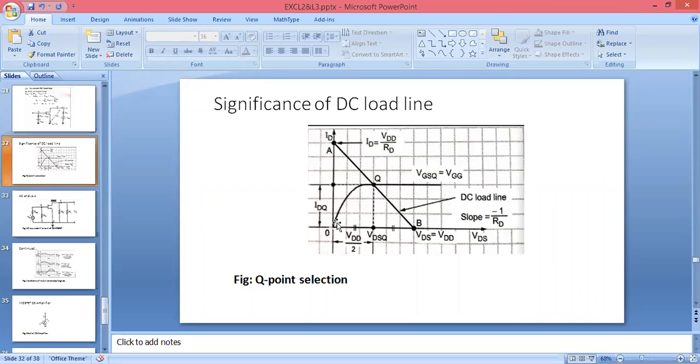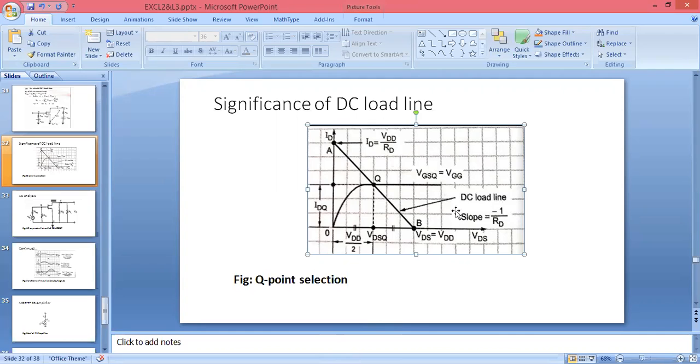You guys can see here, ये जो saturation region है और ये जो slope है ID का, ID equal to VDD by RD, ये दोनों यहाँ पे एक दूसरे को कनेक्ट हो रहे हैं और this point is called the Q point. So when the DC load line is used, we will get maximum DC voltage and current, and it will not allow the DC voltage and current to increase.